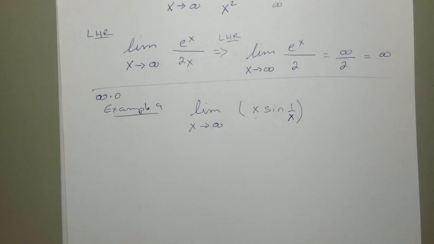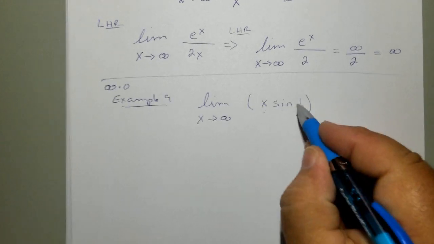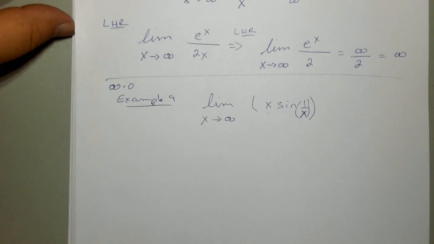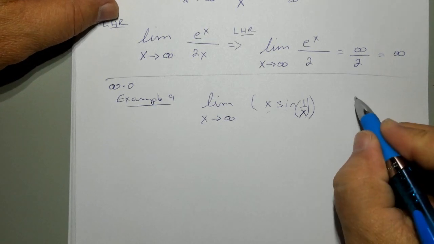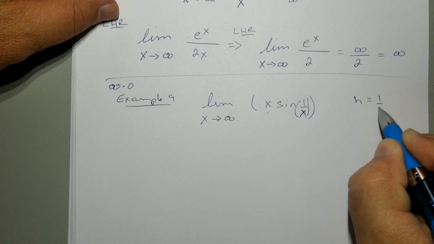I'm not trying to make you work this one out by yourself, because this one is a little bit more complex, because of this 1 over x in the trig function. Let's define h as 1 over x.